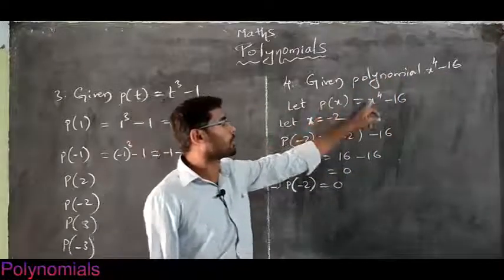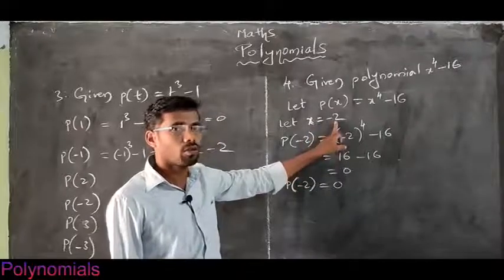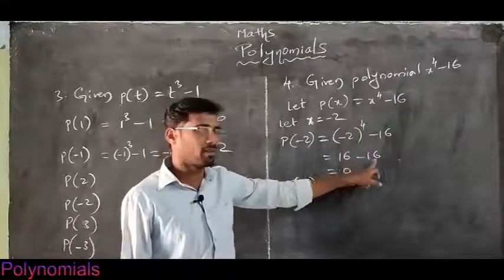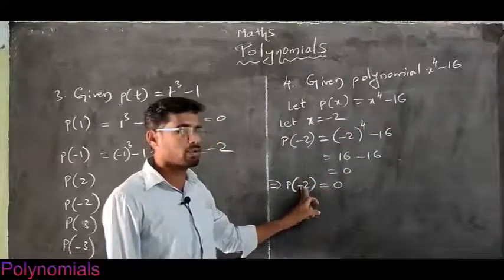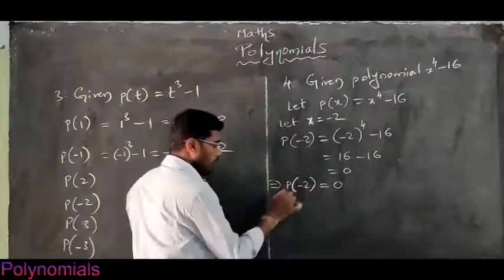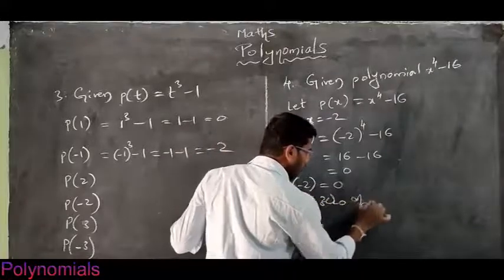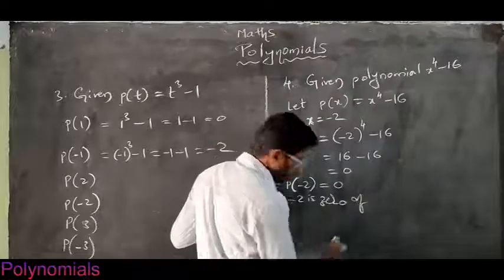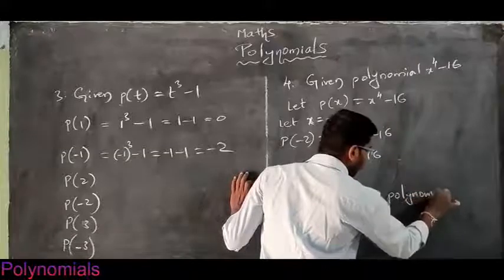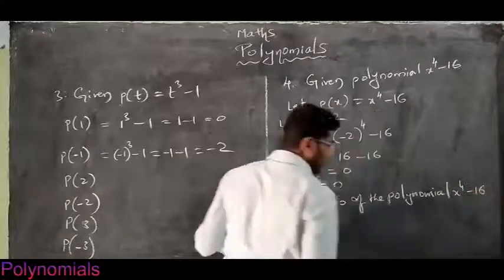Substituting x equals minus 2, minus 2 to the power of 4 is 16, 16 minus 16 is 0. Therefore minus 2 is a zero of the polynomial x to the power of 4 minus 16.